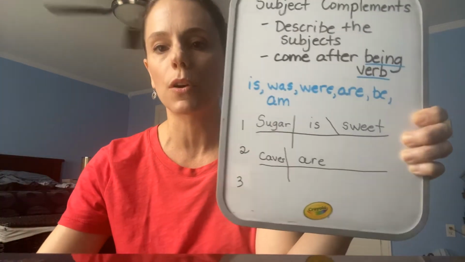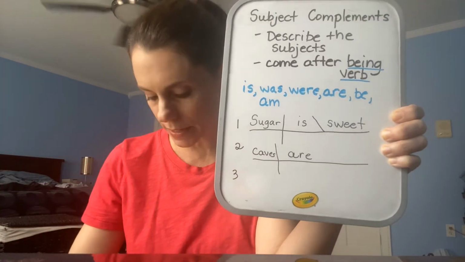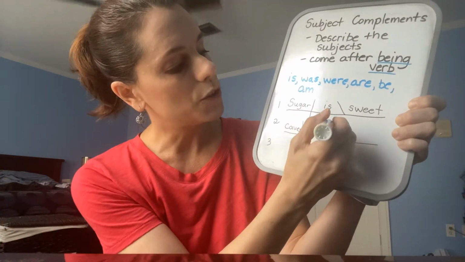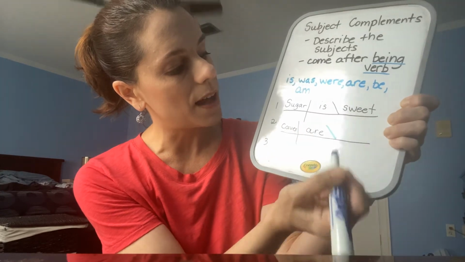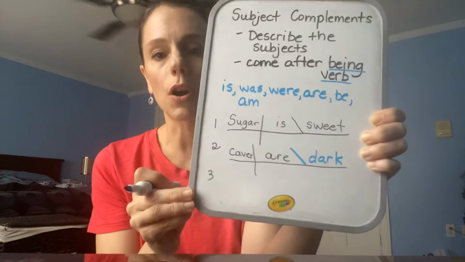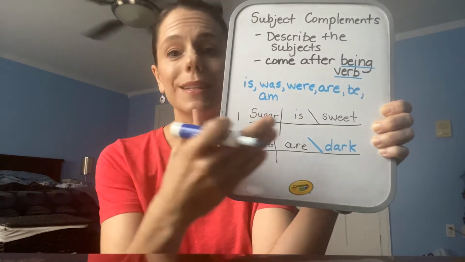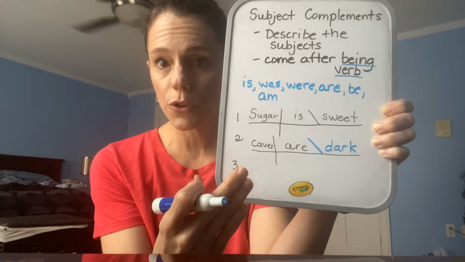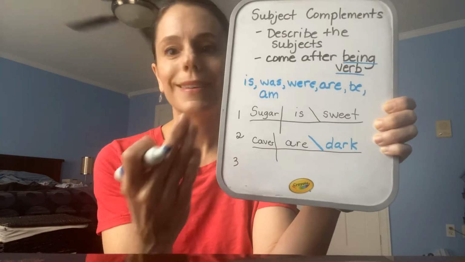I'm going to use my blue marker so you can see what the subject complement is. Caves are, they gave us the word dark. So I'm going to do my diagonal line and add my subject complement, dark. Notice, nothing is underneath. Could there be something underneath? There could, just not for these 3.